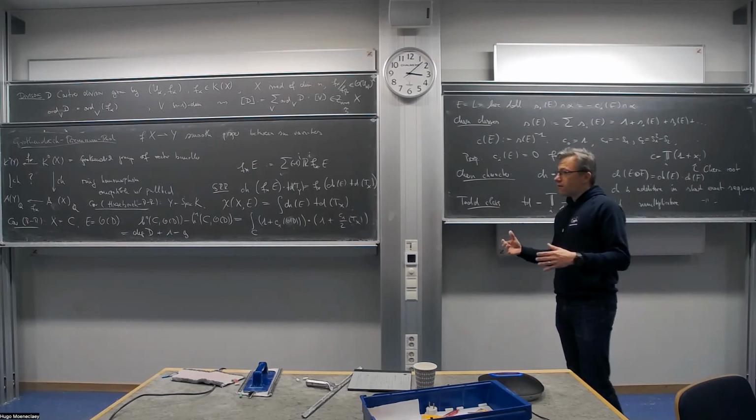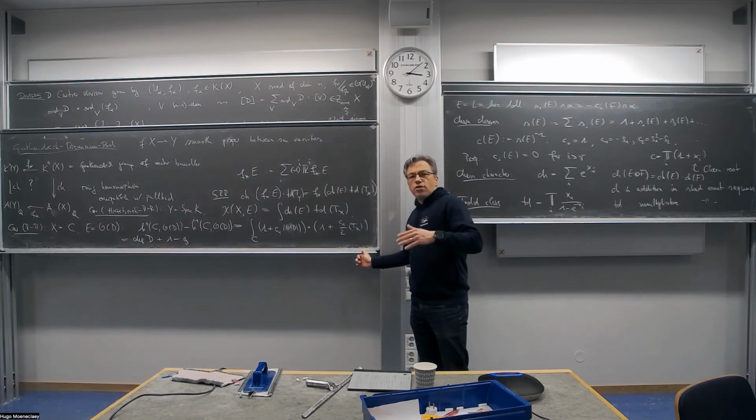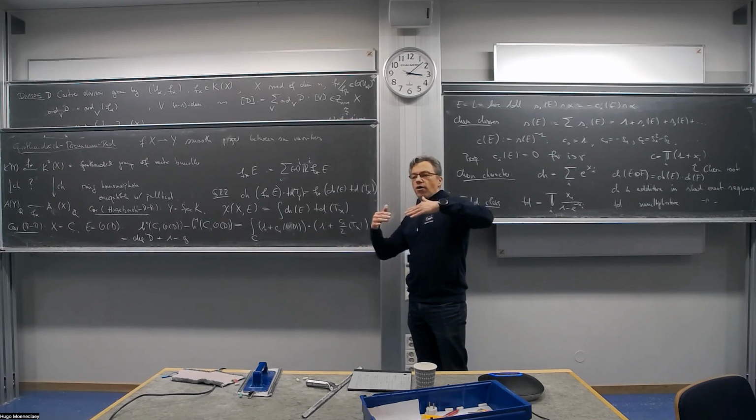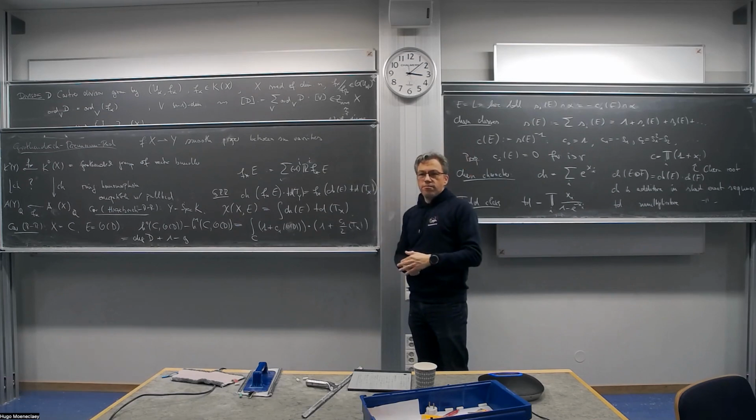The basic ingredient is calculation on projective space or on projective bundles, that you know how the Chow groups of the base and the total space of the projective bundle relate to each other. This is what you have to understand, and then you can do that.